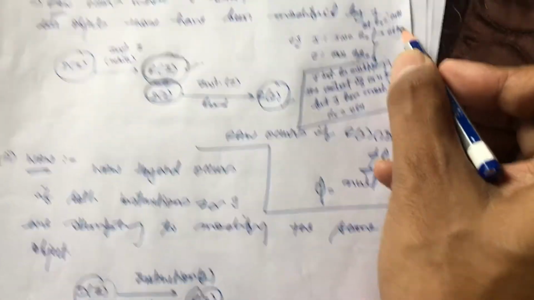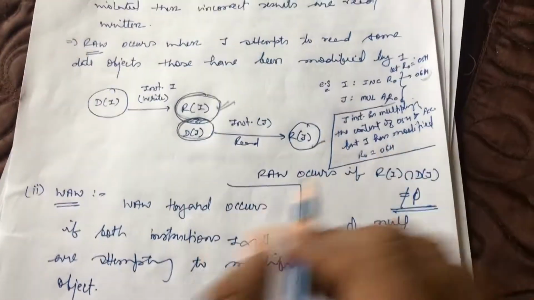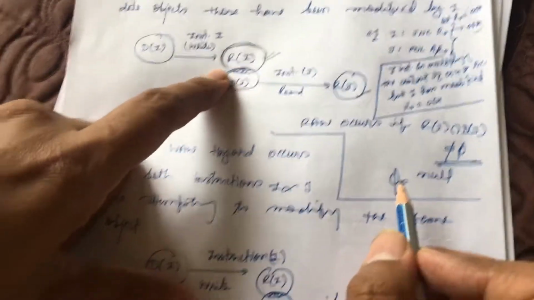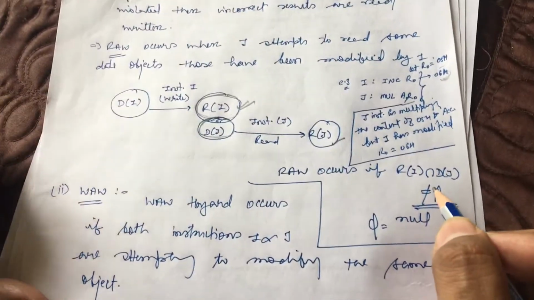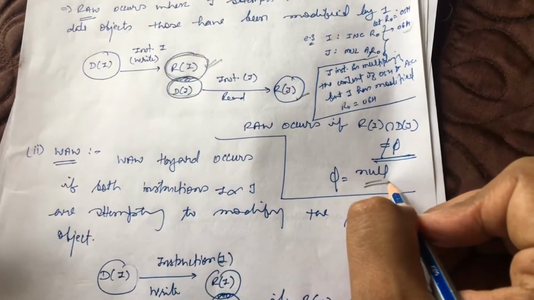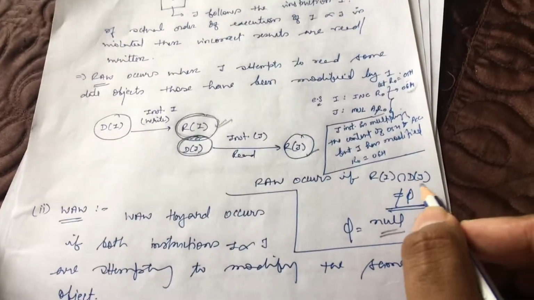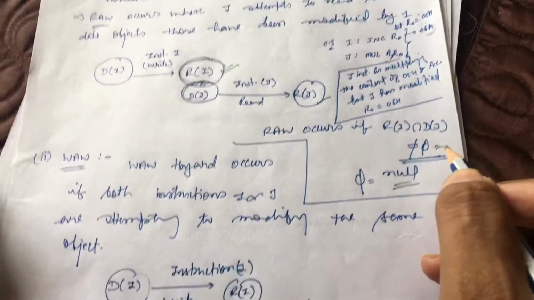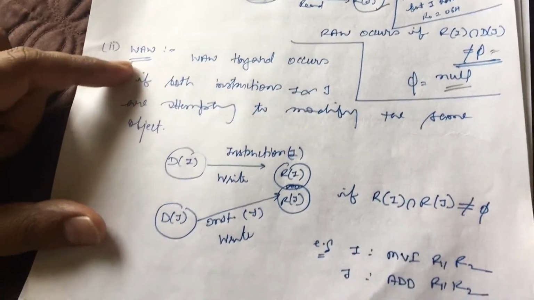This kind of situation is called a RAW hazard. We take the common part between these two. If this common part is null, there is no kind of hazard. But usually you get some value, and that's why we call this the RAW hazard.